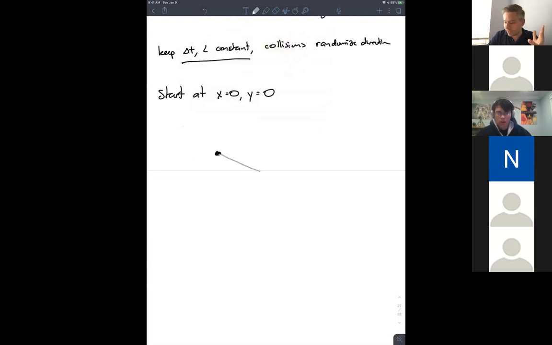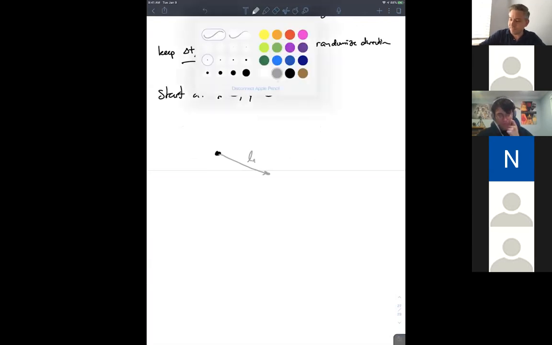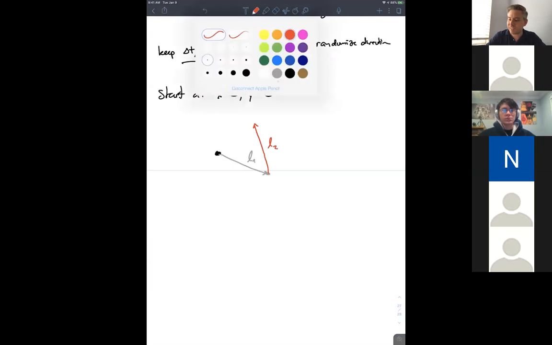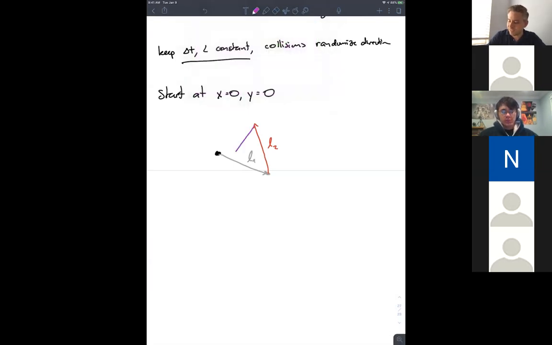So it goes this way. Here's L1. Then we have a collision. The next step is going to be in some random direction. That's L2. Then we have a collision. It's going to go in another random direction. That's L3. So on and so forth.